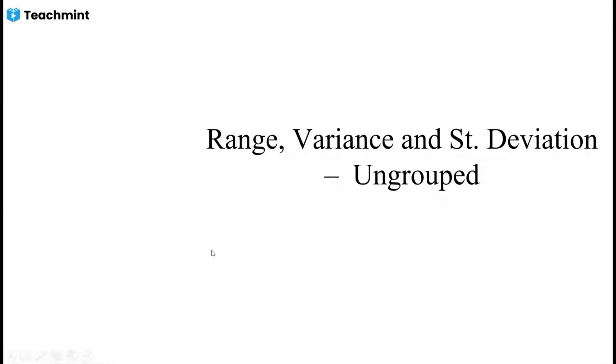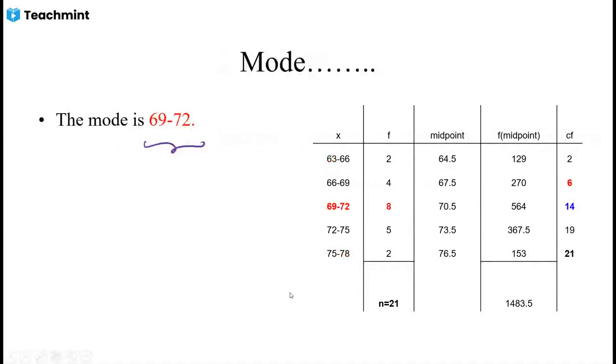Okay. Now, before going for range, variance, and standard deviation, give me 1 minute. I'll just give you the formula to calculate the mode, or else we have another relationship which can be utilized to calculate the mode if you want it exactly.